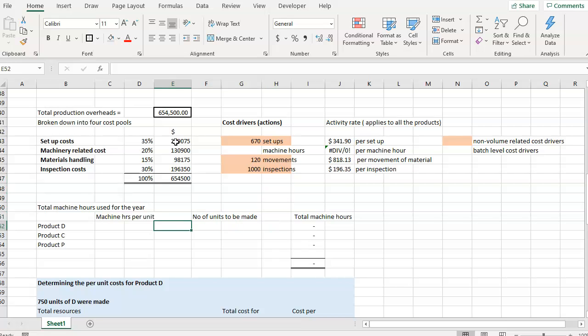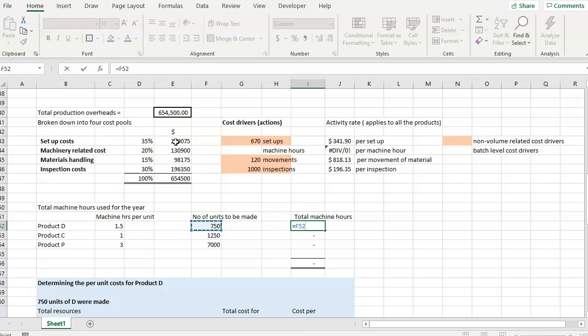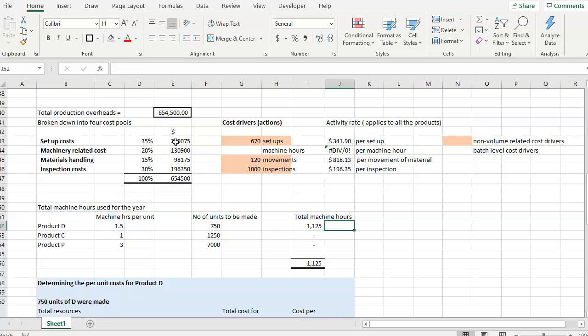Now the first table on the top of the page told you how many machine hours each unit would take. 1.5 hours for D, 1 hour for C, and 3 hours for P. The amount of units that were made or planned to be made: 750 units of D, 1,250 units of C, and 7,000 units of P. So the total machine hours that C used up during the year, the period, was 1,125 machine hours.